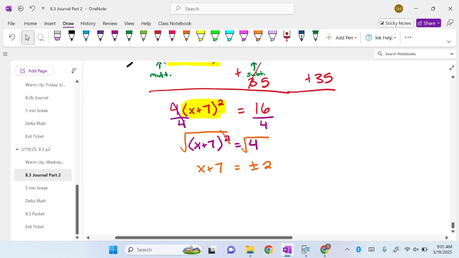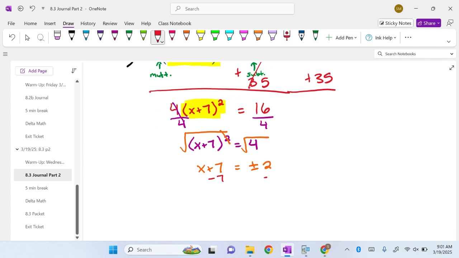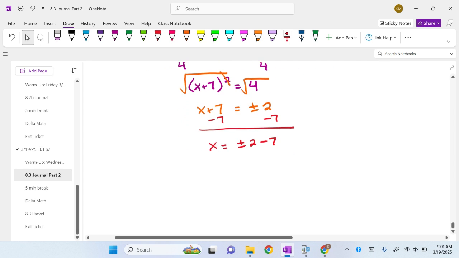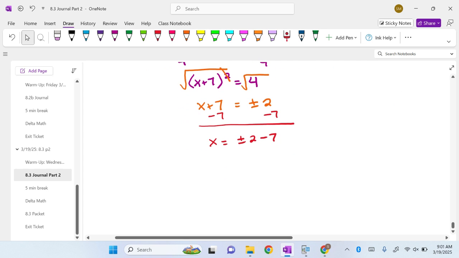Now, our last part to get the x by itself will be to do what? Subtract the 7. And I'm going to show you how to handle this in a second. So x is equal to plus or minus 2 minus 7. So what we have to do now is break apart the plus or minus 2 into 2 separate expressions.